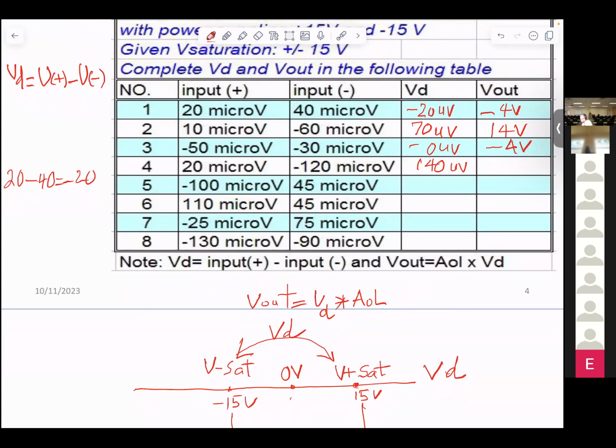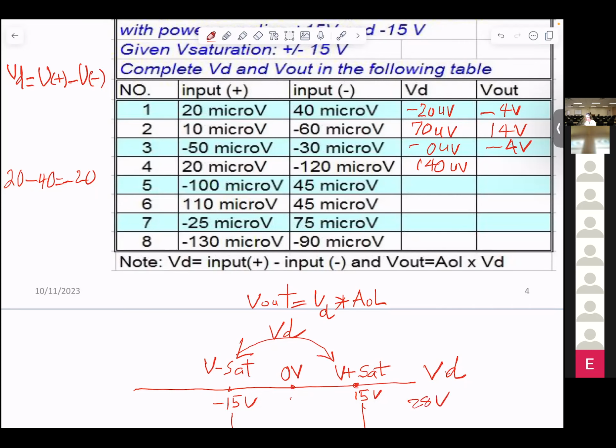Equal what? 28? What do we get for the out? 28. No. Wrong? 28 mean here.